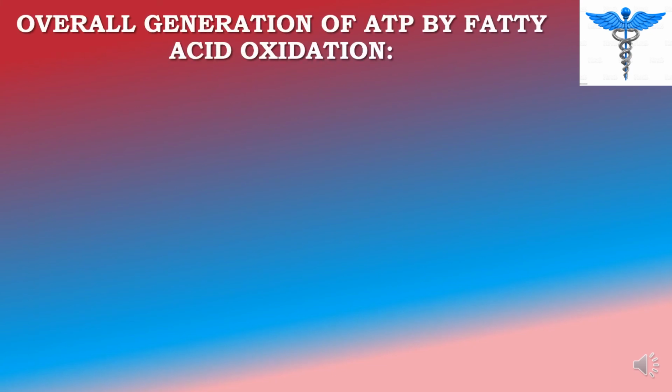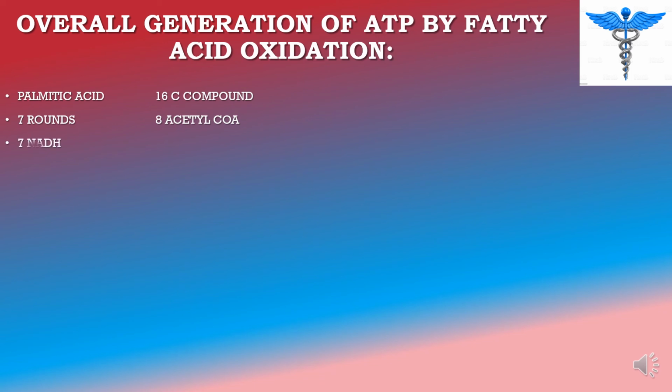Now when a fatty acid is being oxidized, let's see how much ATP it generates. We will take an example of a fatty acid, palmitic acid, which has 16 carbons. It will complete 7 rounds and 8 acetyl coenzyme A will form, and 7 NADH and 7 FADH2 will be produced.